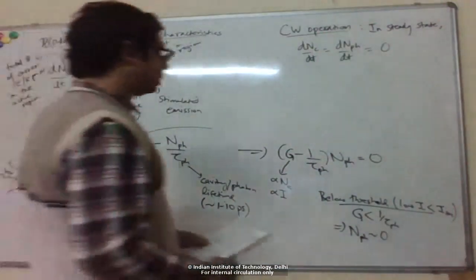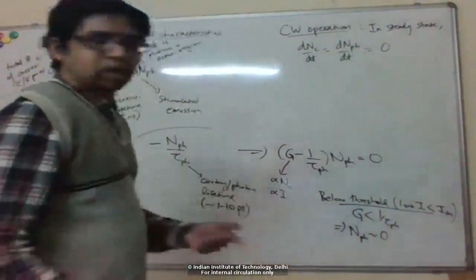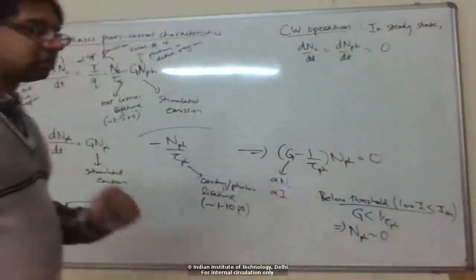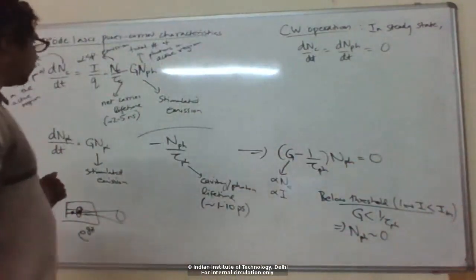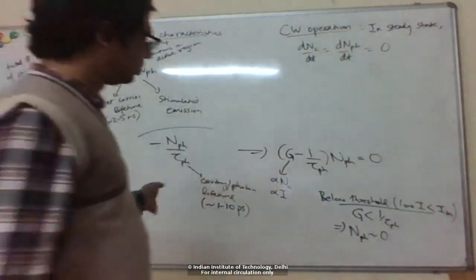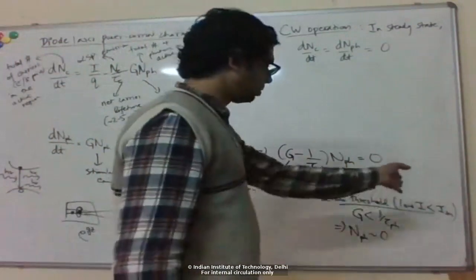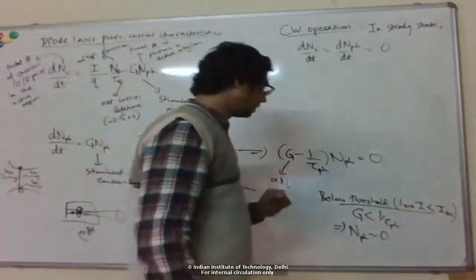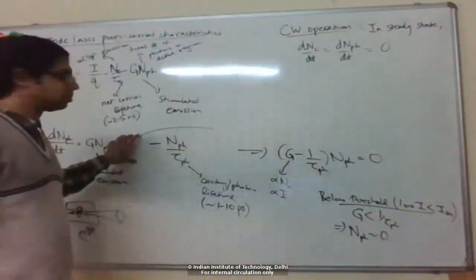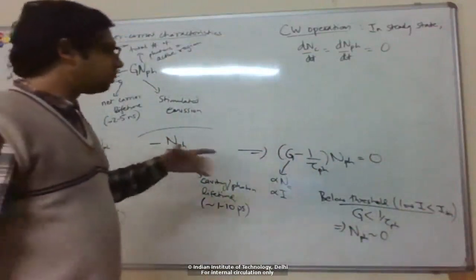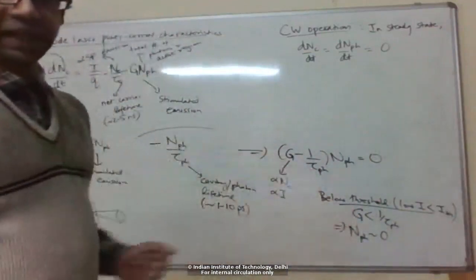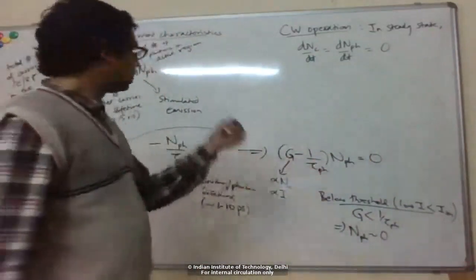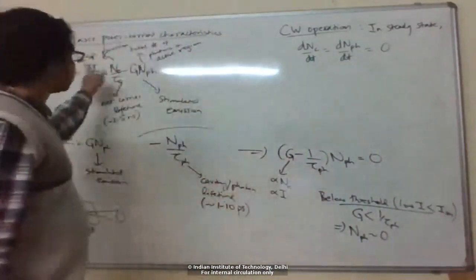So basically what we are saying is below threshold, there are no photons in the cavity, which means that there is no power coming out. So for low currents, up until we reach threshold, I'm not getting any output. Of course, this is an approximation. We neglected the spontaneous emission term. If we include that, we'll get what we got for the LED, a photon number proportional to the carrier concentration or the current.